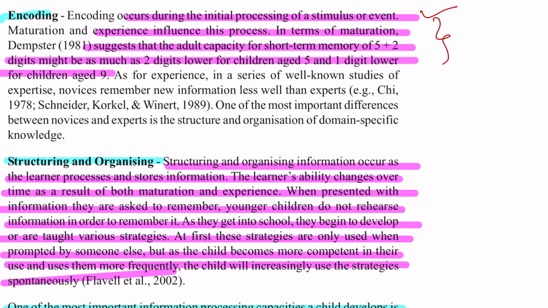As per researchers, if we talk about short-term memory, the maximum we can achieve is 7, plus minus 2. It means 5 to 9 digits we can remember at a time. So that is the limitation of short-term memory.